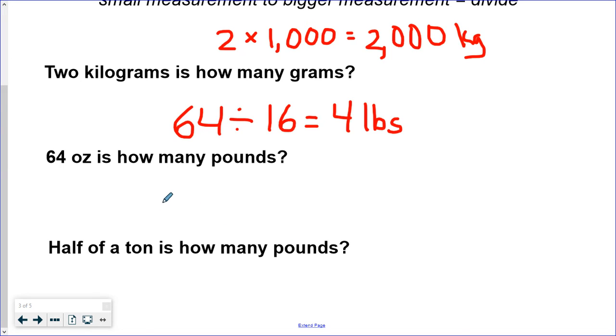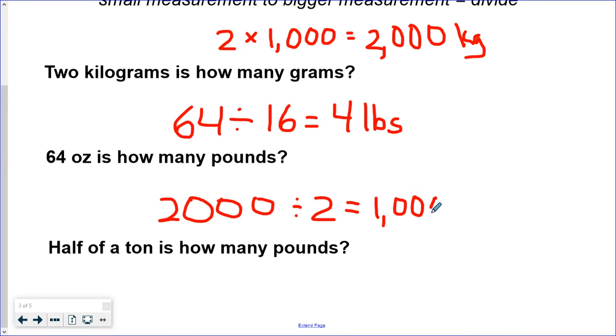So I can take my 2,000, because I know that there are 2,000 pounds in a ton. If I cut something in half, that means we're dividing it into 2 pieces. So I'm going to take that 2,000 and divide it by 2. And by doing that, I find that my final answer is 1,000 pounds.